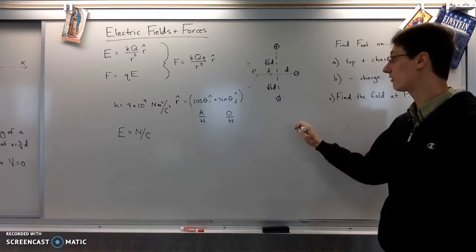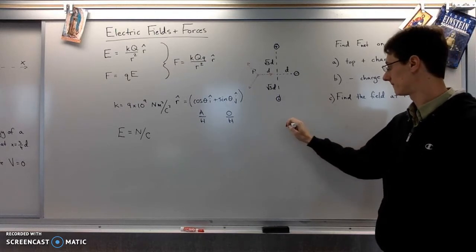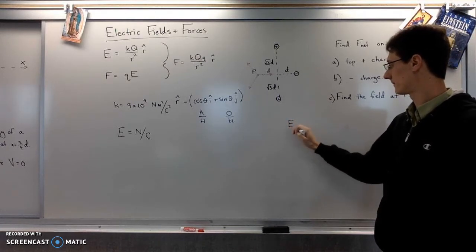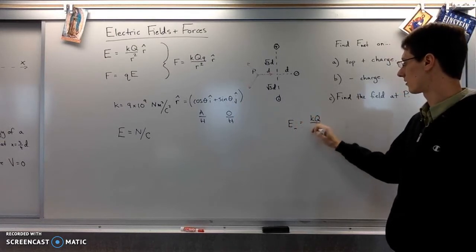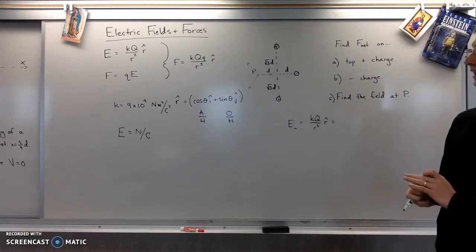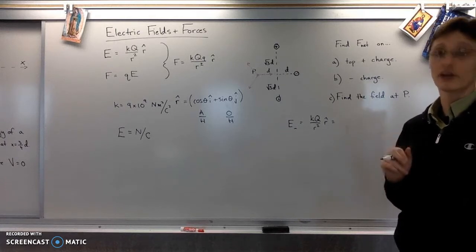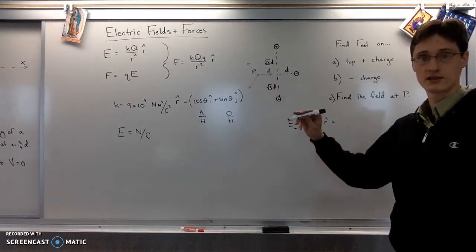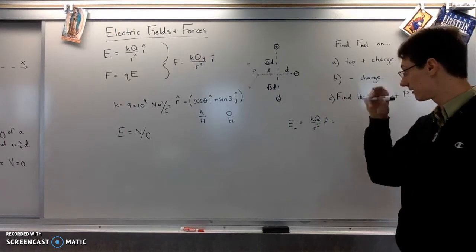We're going to say the field due to, let's say, the minus here, is going to be KQ over R squared, R hat. R hat for this one is just going to be positive I hat, because that field is directly to the right, 100% in the positive I direction.